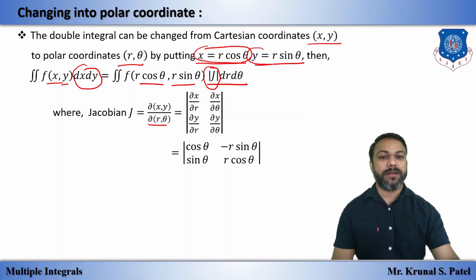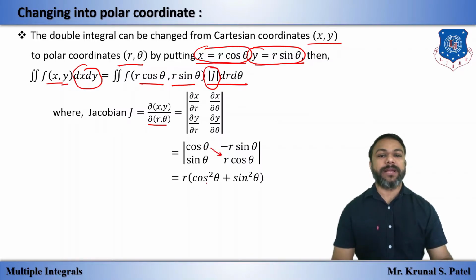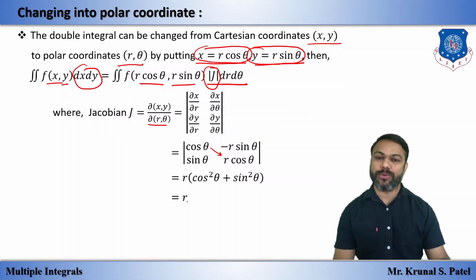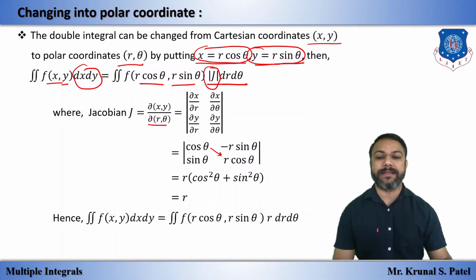In the same way, the partial derivatives of y with respect to r and theta. Okay, so we have this, and by solving this determinant, we have r into bracket cos square plus sin square, which is 1. So we have the Jacobian J equal to r. So dx dy becomes r dr d theta, as we have seen in the previous lecture also.